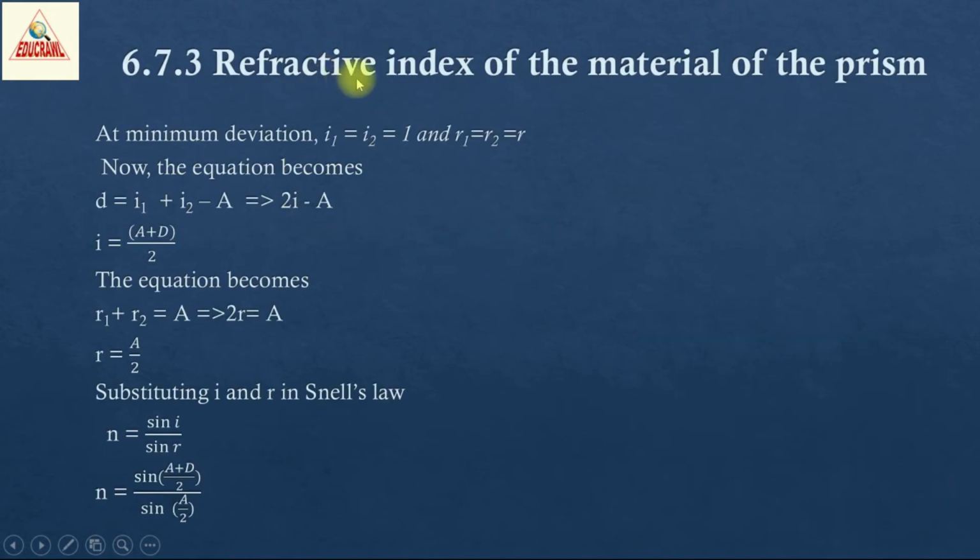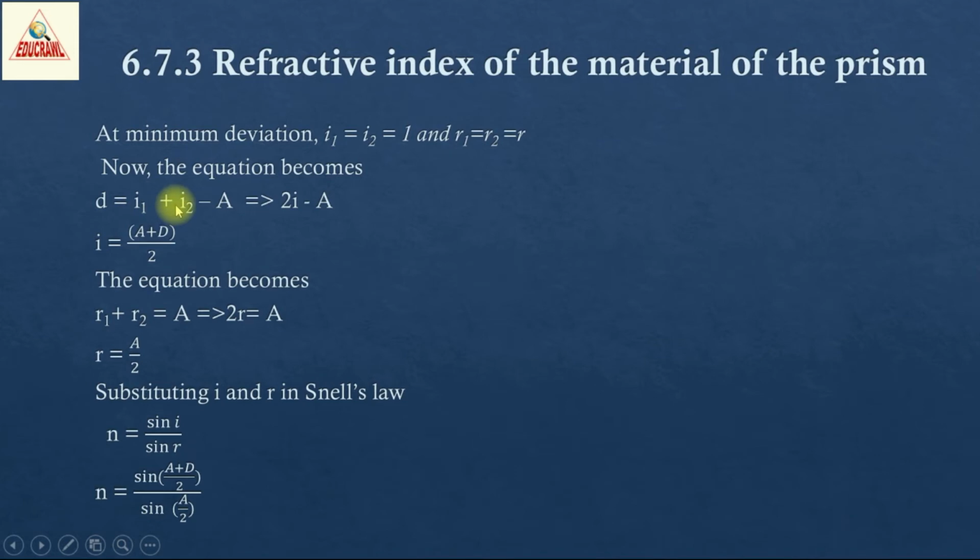Now, we are going to find the expression for the refractive index of the material of the prism. At minimum deviation, we know the condition that I1 is equal to I2 is equal to I, and R1 is equal to R2 is equal to R. Now, we know the expression for angle of deviation as D is equal to I1 plus I2 minus A. Substituting the minimum deviation condition, I1 is equal to I2 is equal to I, so I1 plus I2 becomes 2I.